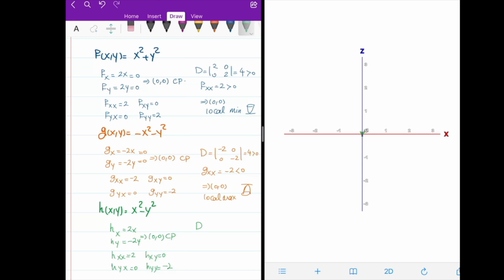Let's calculate D. So D would be 2 times negative 2 minus 0 times 0, which is negative 4, and it's negative. When we get a negative D, then the point is a saddle point. Okay, so the graph of a saddle point is something like a saddle, like this, for example.